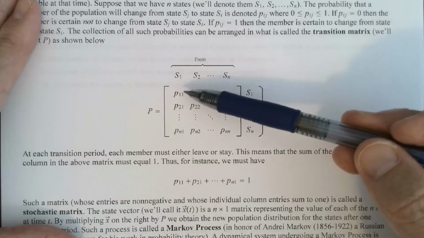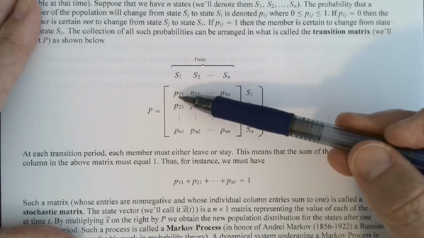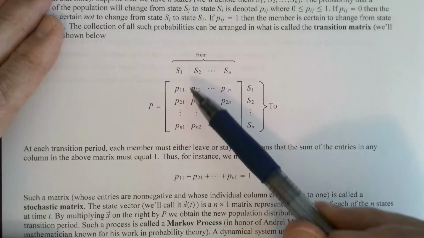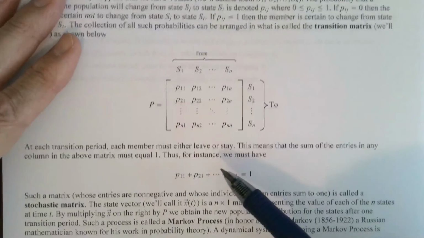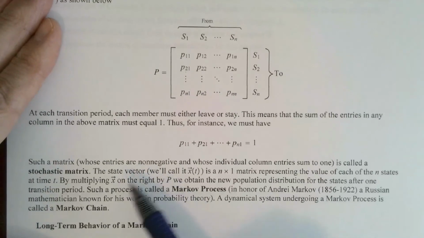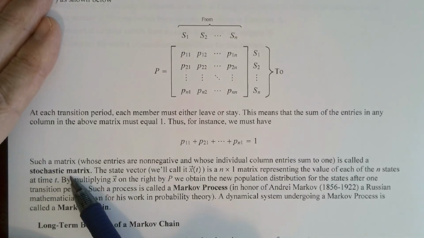You're going to do one of these things, so adding up all these probabilities has to give 100%, which is 1. So if I add down any column, I get 1. Any matrix where that's true and whose entries are non-negative is called a stochastic matrix.